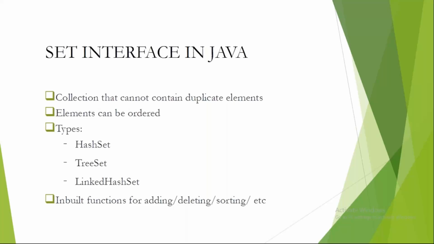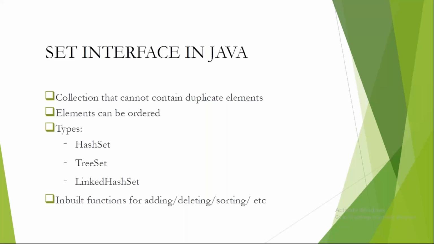This gives you the actual functionality of the sets that we have in mathematics. What we know from maths is that a set cannot contain duplicate elements, and the same is true of sets in Java. If you try to add a duplicate element, it will remove the previous occurrence of it. It will not give you an exception or an error. It will just remove the previous occurrence, nothing else.